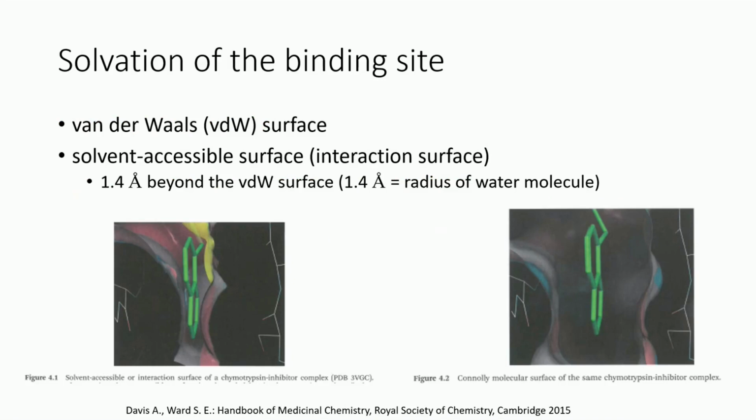On these two pictures that were adopted from the cited textbook, we can see the surface of the binding site of chymotrypsin and the drug, the inhibitor that is bound to the active site.